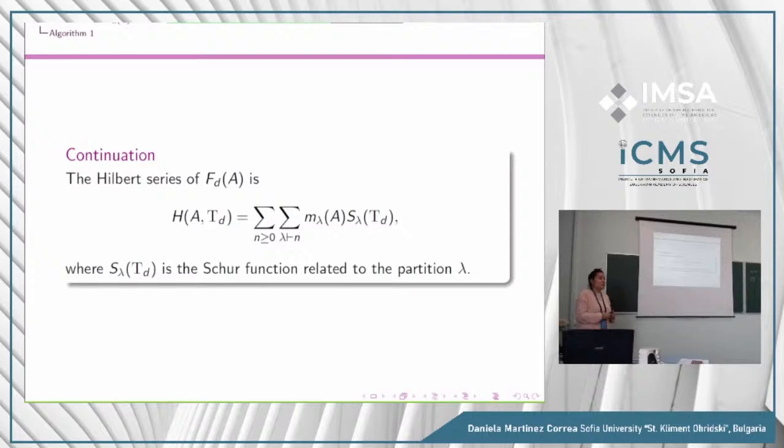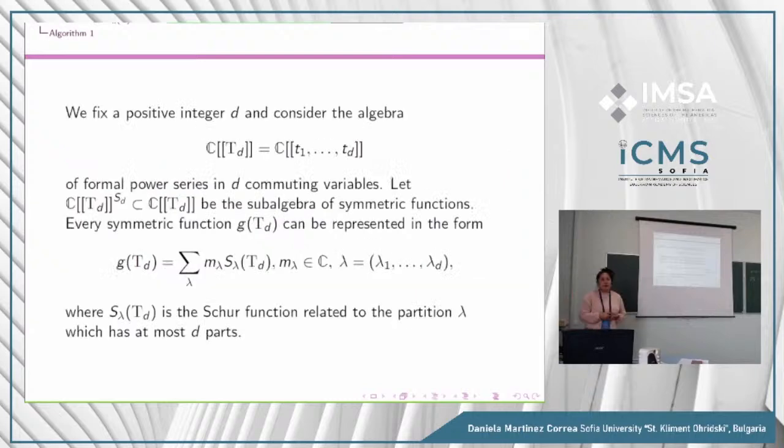So remember that we want to calculate the multiplicities m lambda for UT_n of E. So the first step was to find an expression for the Hilbert series related to UT_n of E. So the first method is based on Hilbert series, Schur polynomials, and symmetric functions. Okay. So for this, let me fix some notation. Given d a positive integer, we consider the algebra of the formal power series in these variables.